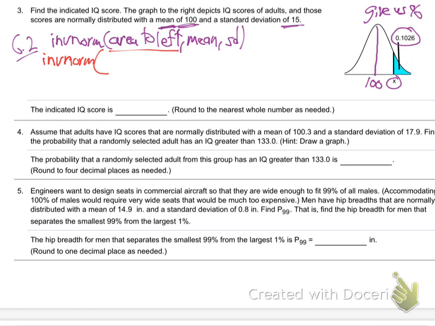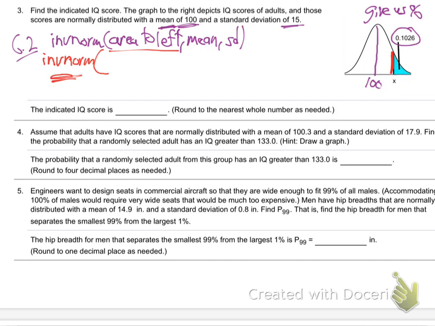Now, what is the area to the left? Left of what? Well, left of this line, right? That's where x is. We're trying to find x. So if you want to find x, you've got to find the area to the left of x. This inverse norm function is kind of like a vending machine. You give $1, it gives you back a soda.